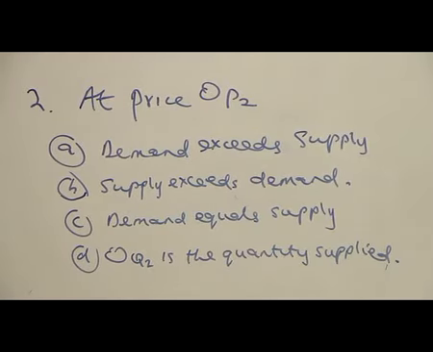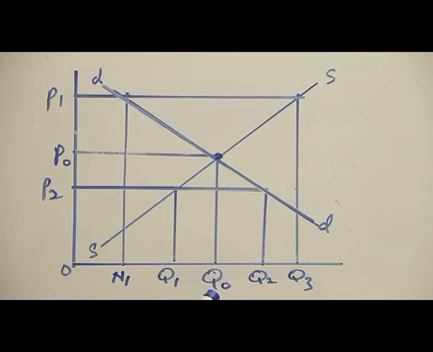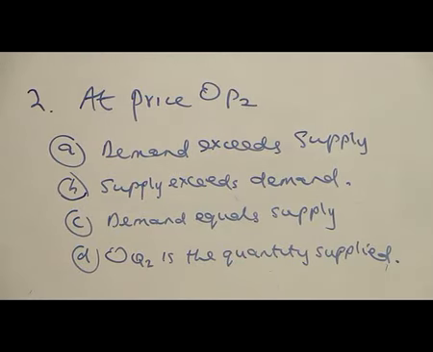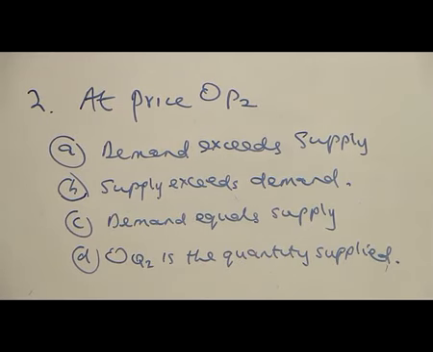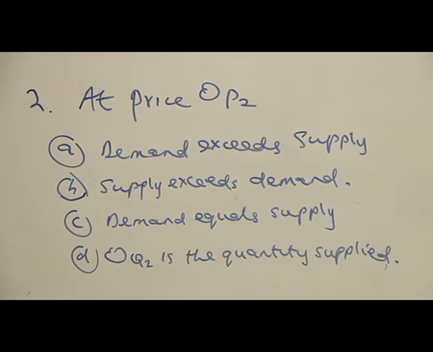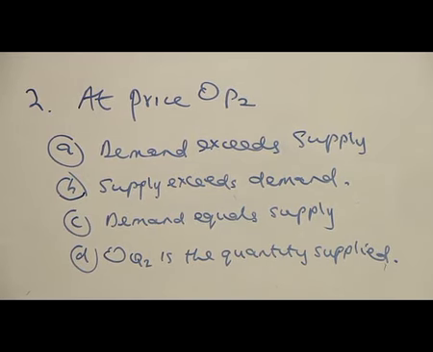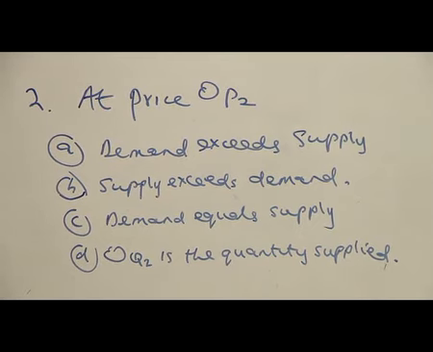Example 2. Using the diagram above, at price OP2: A, demand exceeds supply; B, supply exceeds demand; C, demand equals supply; D, OQ2 is the quantity supplied.